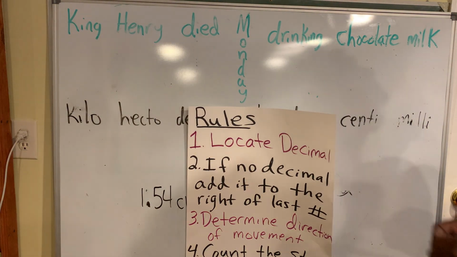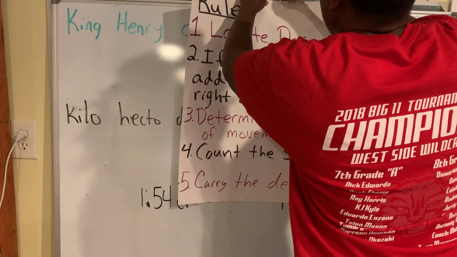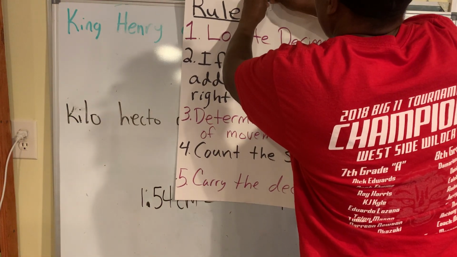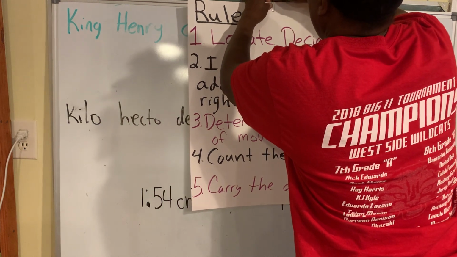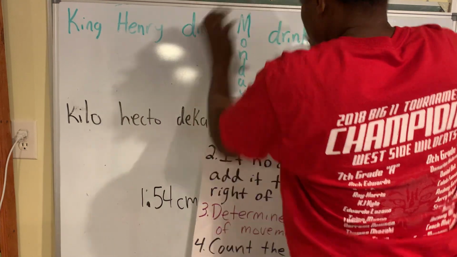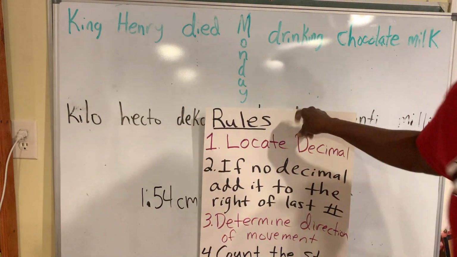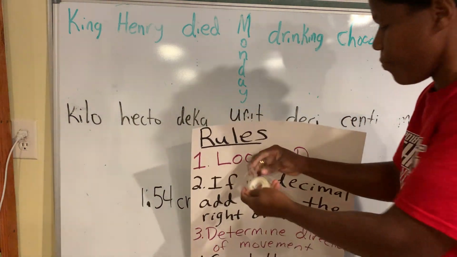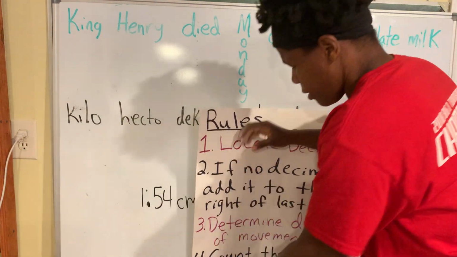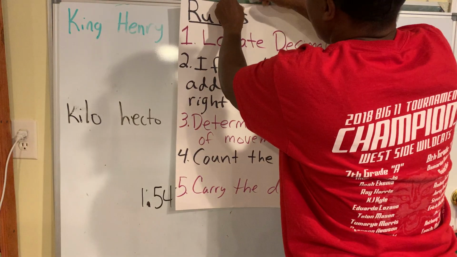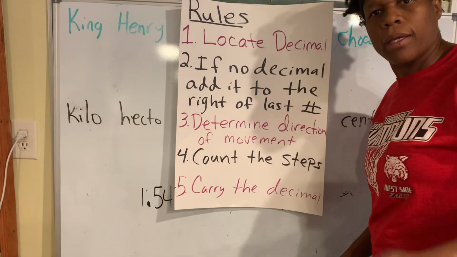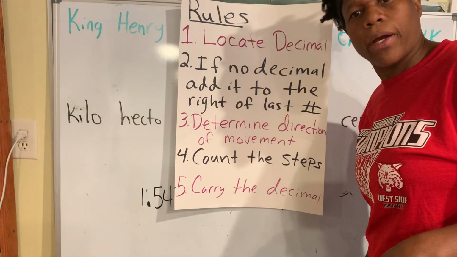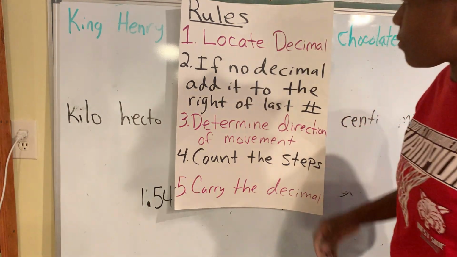I'll just put that right on my board somehow. I have tape, I'll just tape it to my board. There we go. Okay, so you're going to write down these rules. I don't see you writing. Hey, what are you doing over there? Are you writing it down? Okay, good. Write this down.